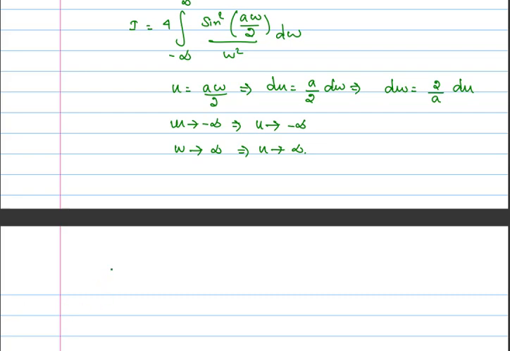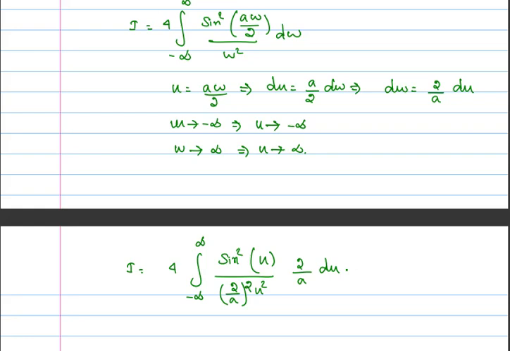my I equals 4 times the integral from minus infinity to plus infinity, because the limit doesn't change, of sin square u divided by omega, which equals 2 divided by a the whole square times u square. D omega is 2 divided by a times du.